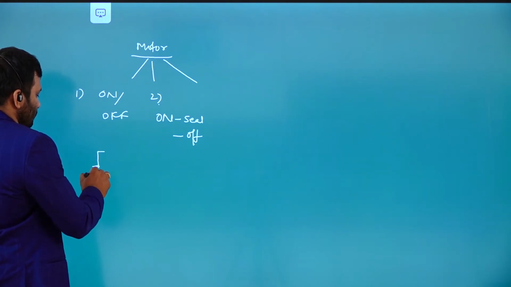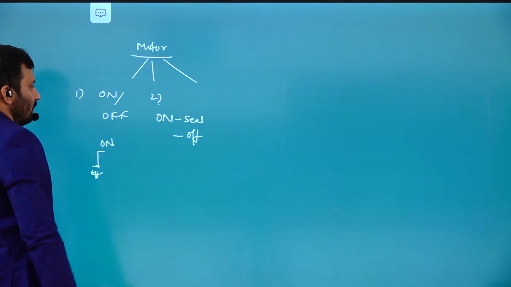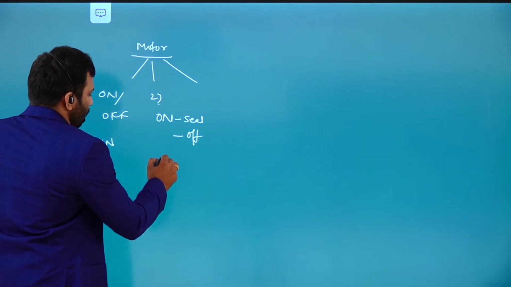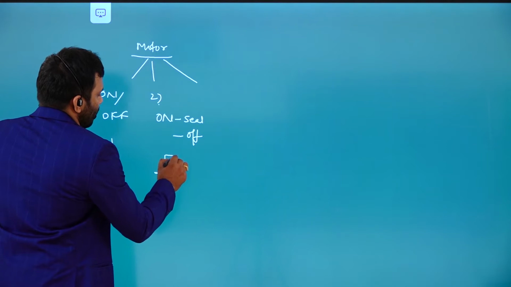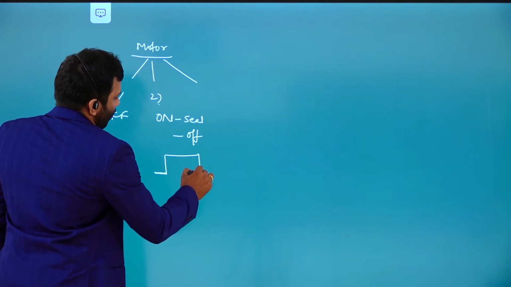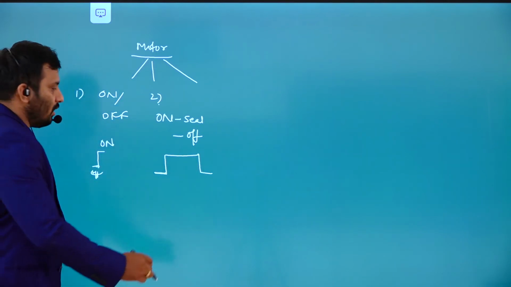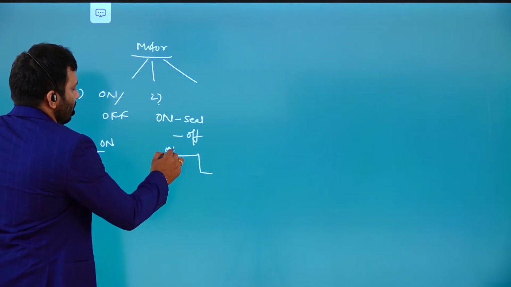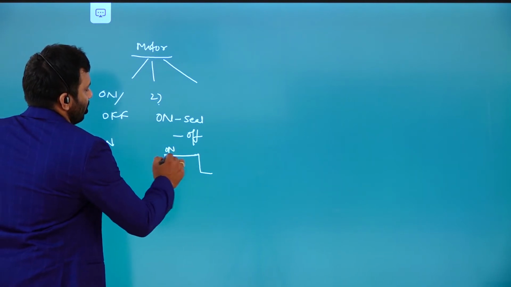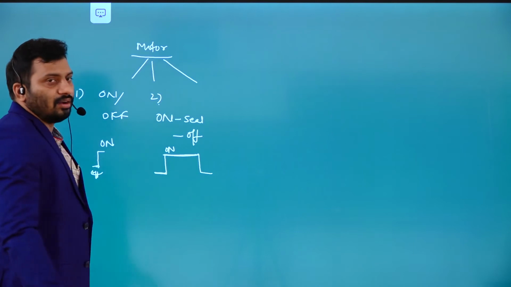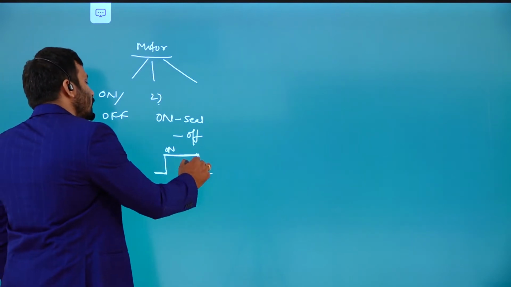This is the off condition, this is the on. You go from off to on and keep it on. Whenever you want to turn it off, you can. On and maintain in the on state means you need to seal to the on state.